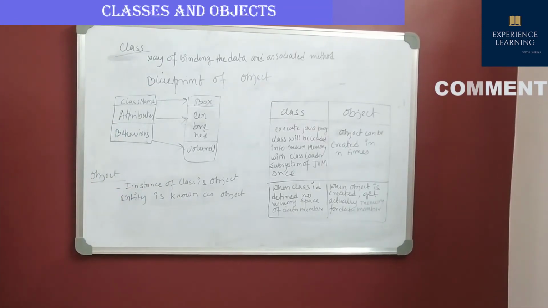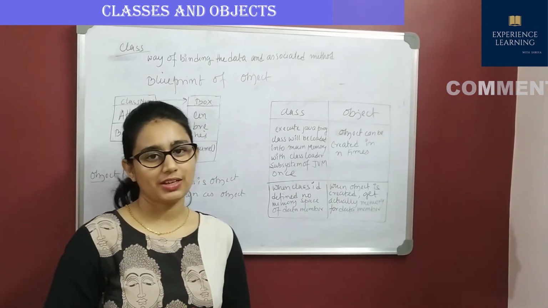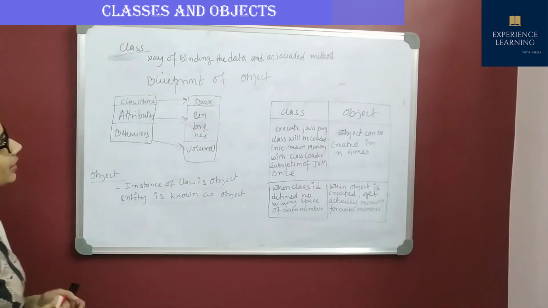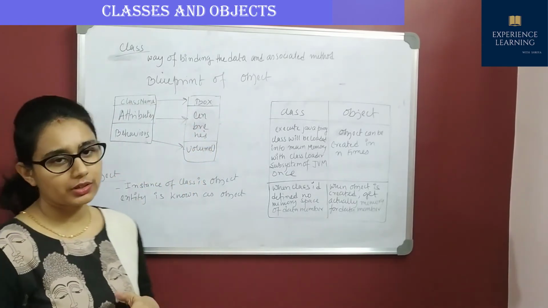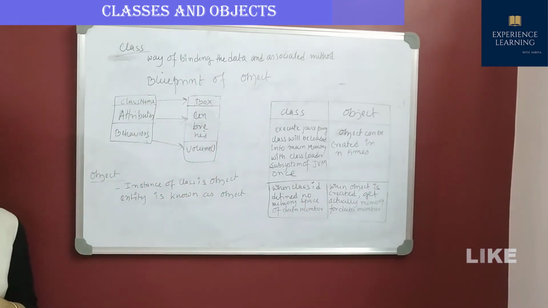The main things in an object-oriented programming language are class and object. So what is class? A class binds the data and associated methods together. That means a class is basically a concept, a blueprint.